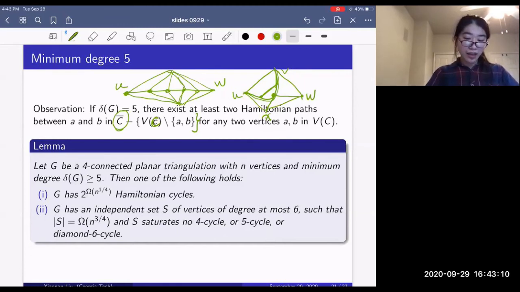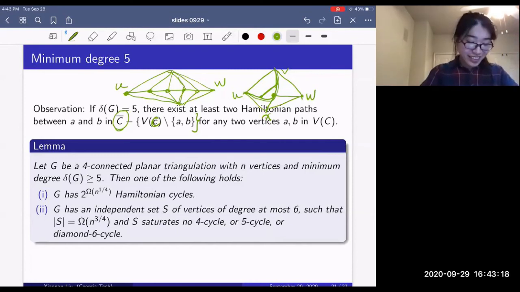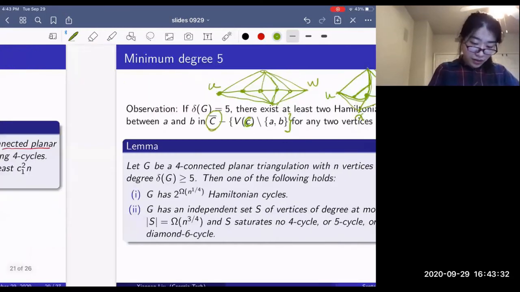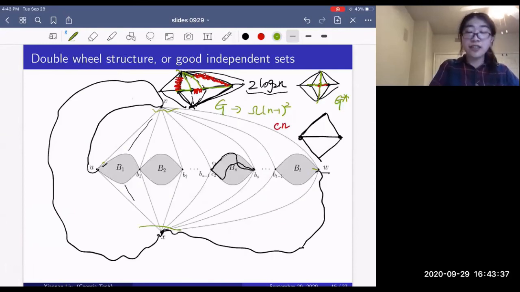Look at this lemma. Now if we have minimum degree delta G equals 5, then in this picture we cannot have 2 consecutive blocks connected just via an edge, because we will have a vertex of degree 4.